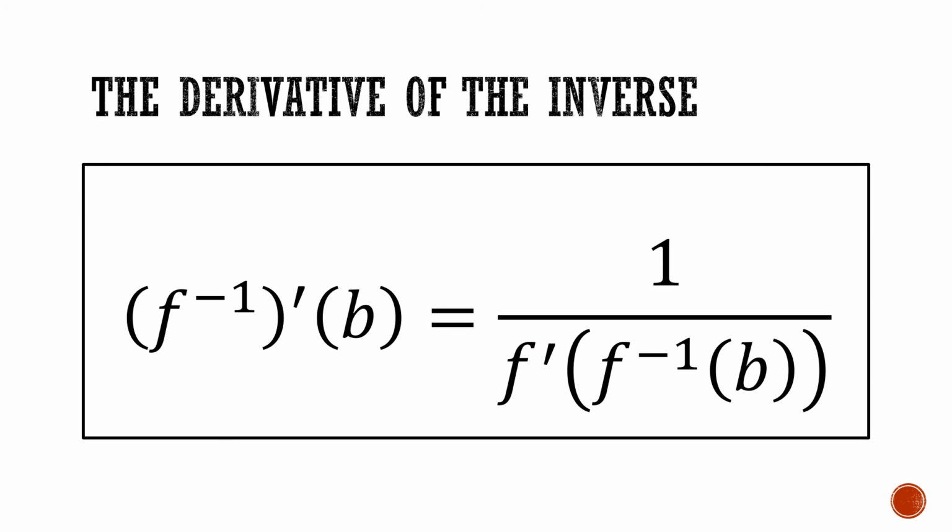Next, we want to look at the derivative of inverse functions. So not necessarily trig functions, but inverses in general. So the derivative of f inverse of some expression b is equal to 1 over f prime of f inverse of b.